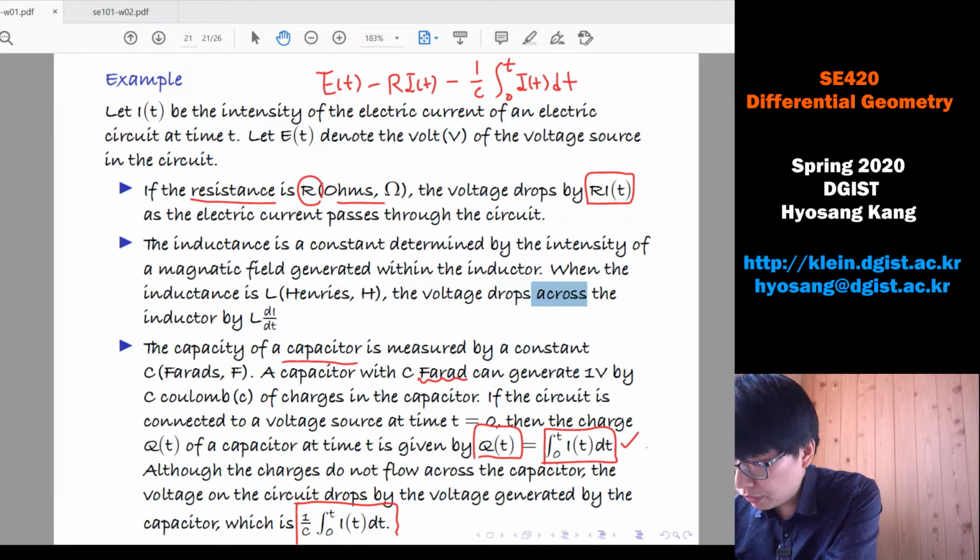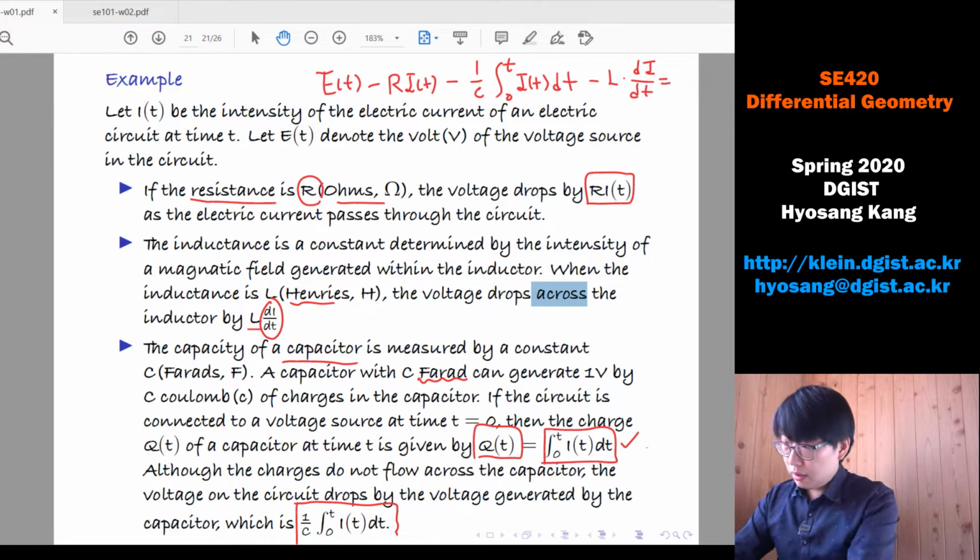How much the voltage drops is measured by the derivative of I, the rate of change of current, times L, where L is the inductance constant, whose unit is henries. So minus L times dI/dt.